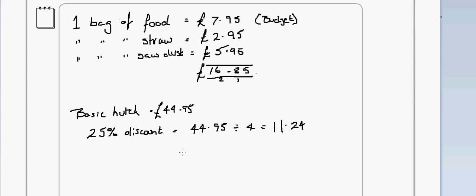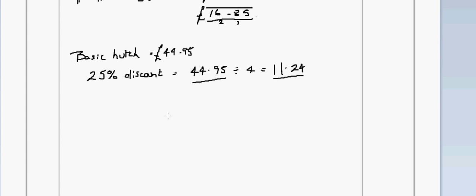So what we can do now is subtract this from the full price, and that will tell us what the discount price would be. So £44.95, and we're going to subtract 11.24. Now obviously in the exam you'll probably be able to use a calculator anyway, but I'll just do this longhand.